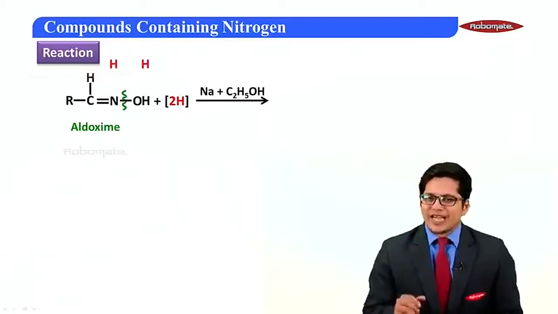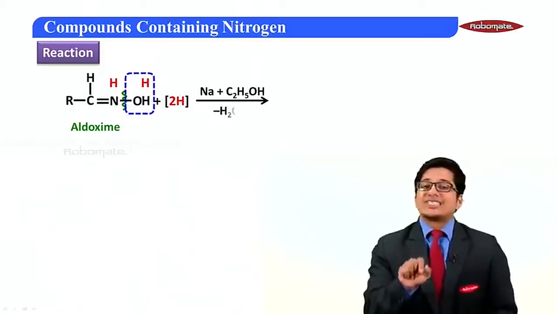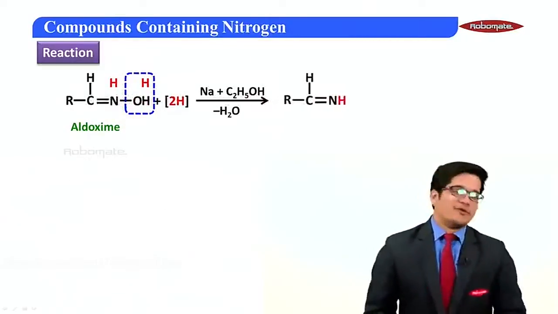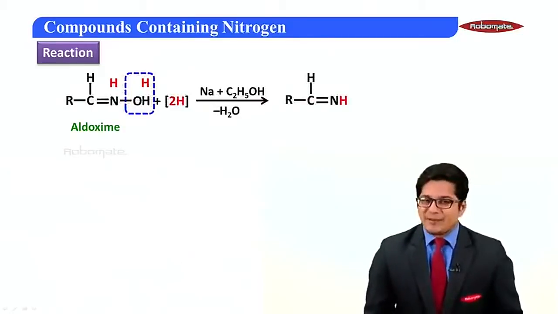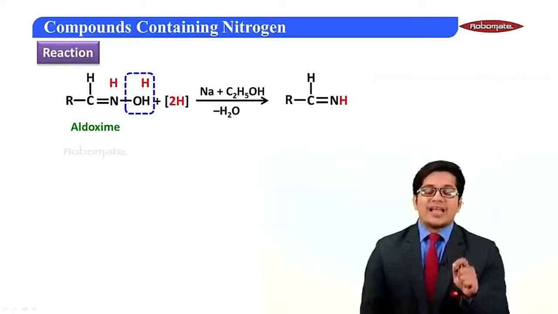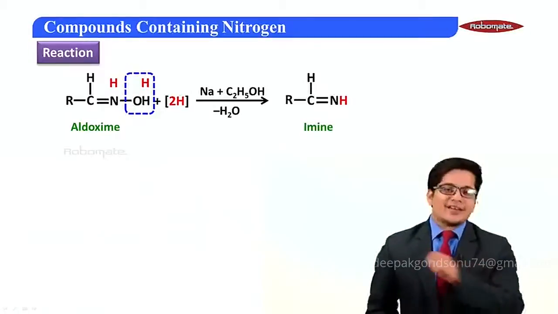So what you would get, we would get a compound, that is RCH single bond, but now water molecule would first be removed. So let's take the example for this. We would get RCH with a single bond and double bond NH. Now this group is called as an imine group.